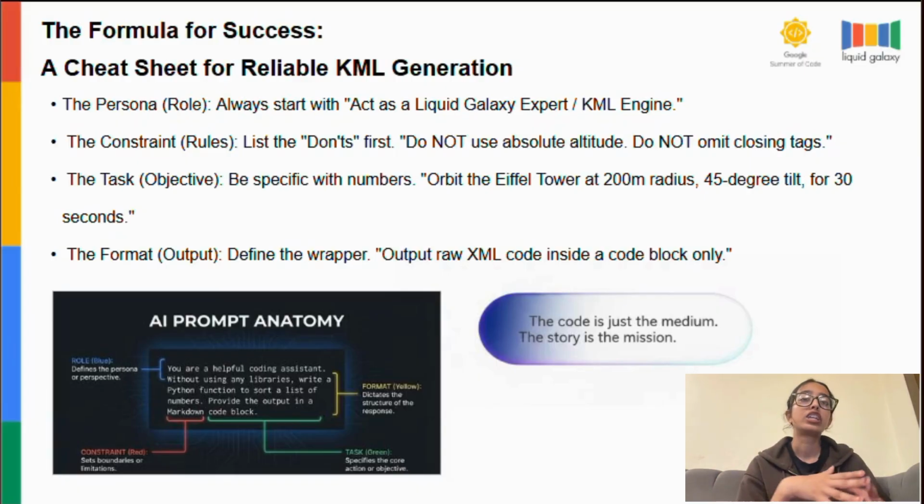After that, you give a very concrete task with numbers and intent. And finally, you control the output format so the result is usable immediately. And when you follow this pattern consistently, KML generation stops feeling unpredictable and the code becomes just the medium. The real mission is the story you are trying to tell.